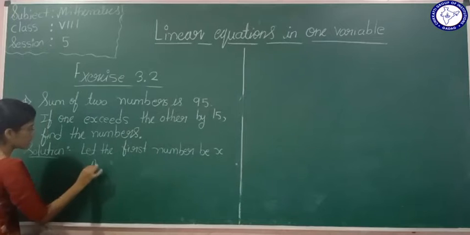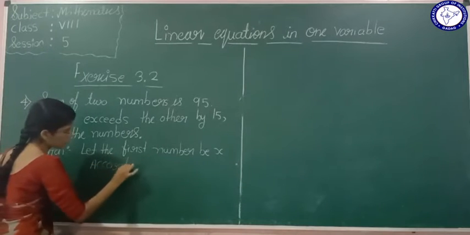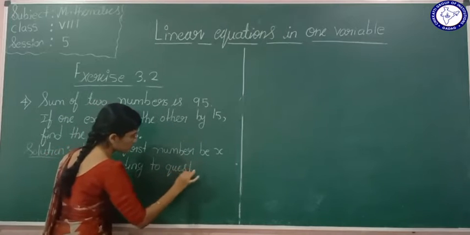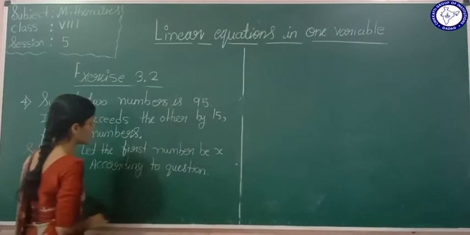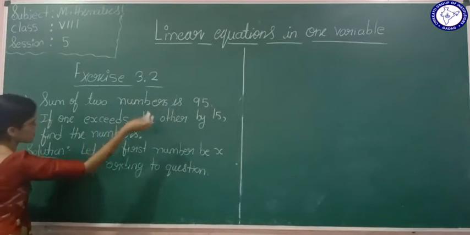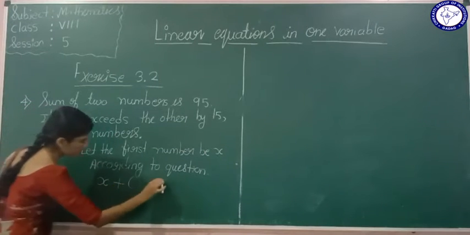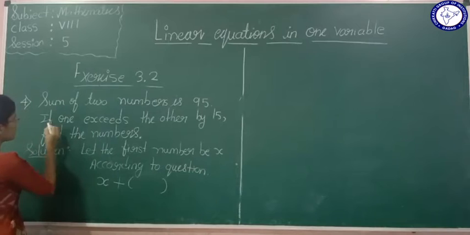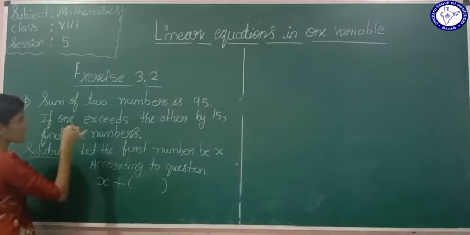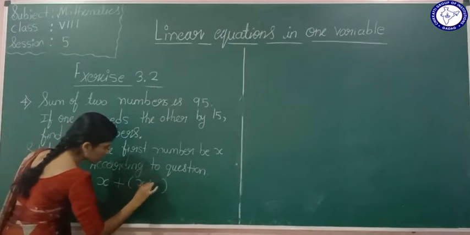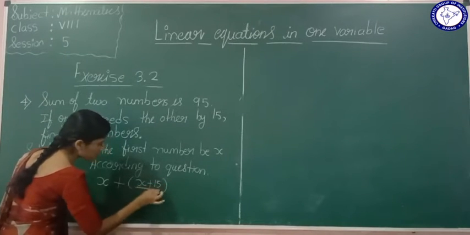Let the first number be x. See, according to question, sum of two numbers. First number we took as x. Sum means addition. What hint have they given here? If one exceeds the other by 15, means the second number will exceed by 15.